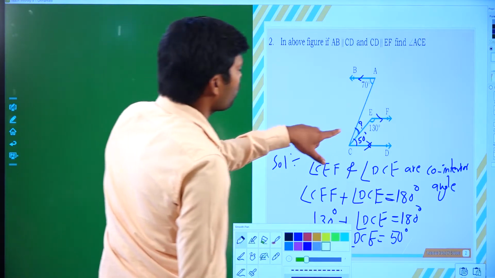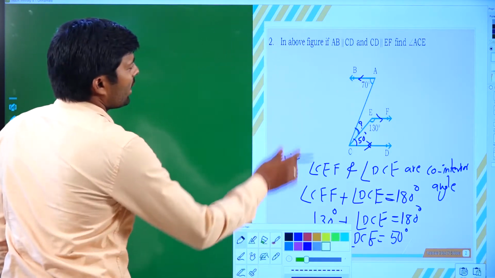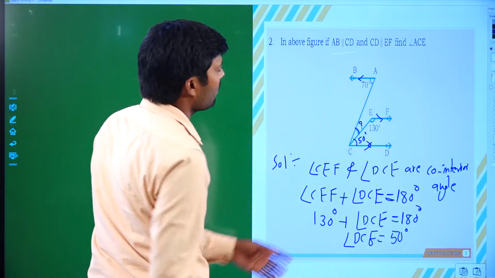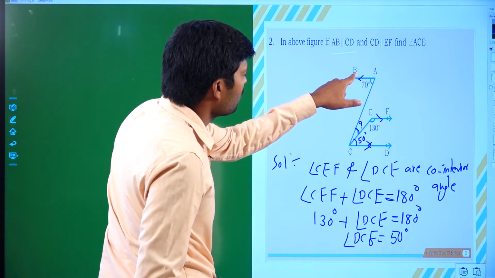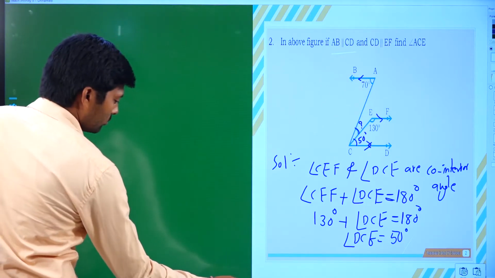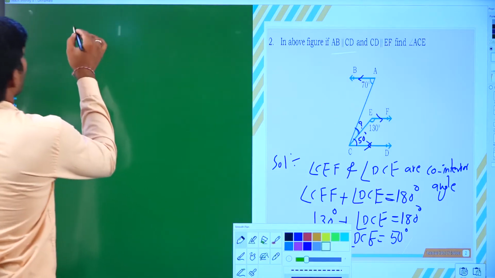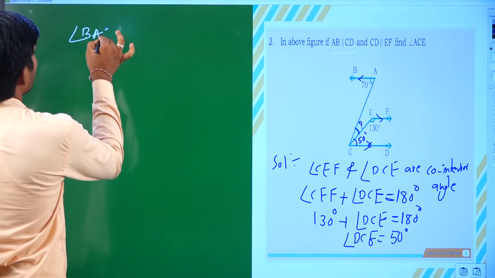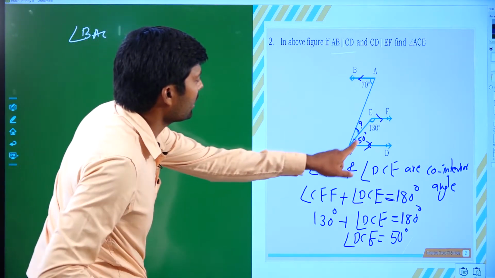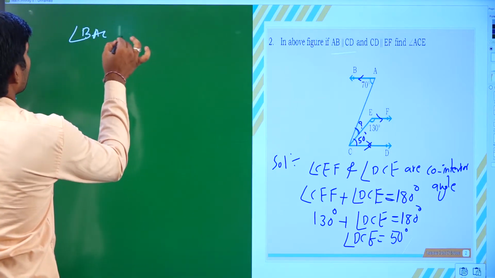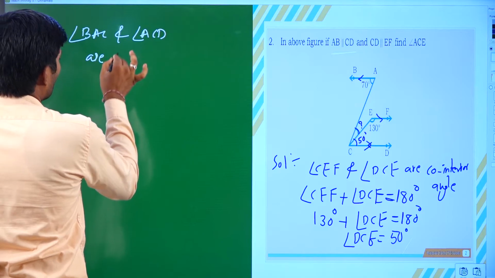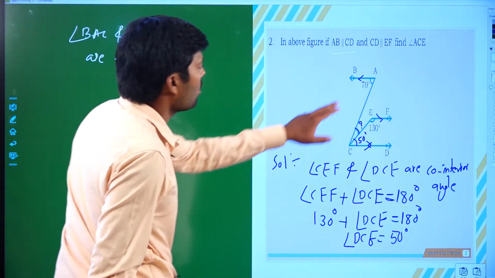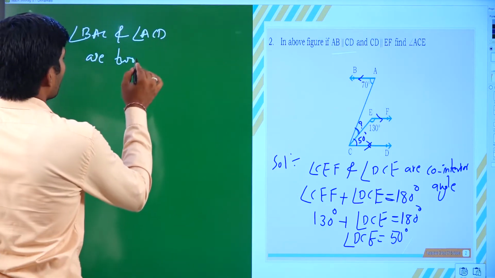Now we need to find angle ACE. As given, the condition is AB is parallel to CD. If those two lines are parallel to each other, angle BAC and angle ACD are two alternate interior angles.